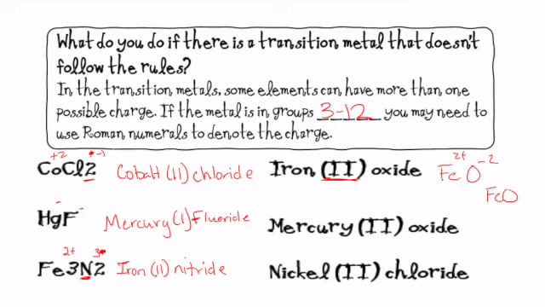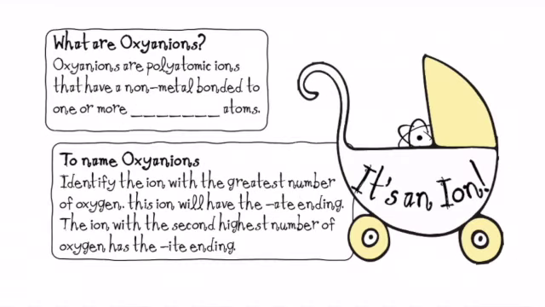Okay, mercury has a +2. Oxygen has a -2. So our formula would be HgO. And nickel 2, chloride has a -1. So we would have NiCl2. What are oxyanions? Oxyanions are polyatomic ions that have a nonmetal bonded to one or more oxygen atoms.